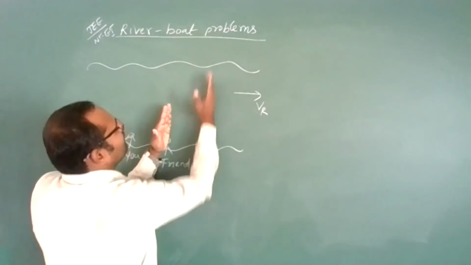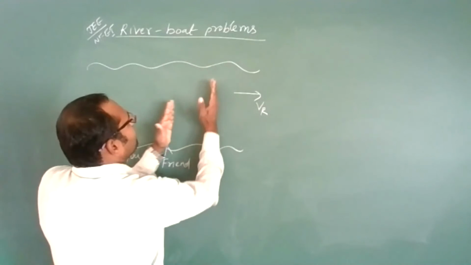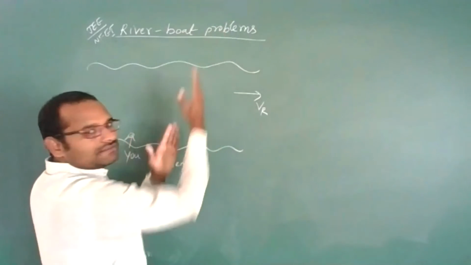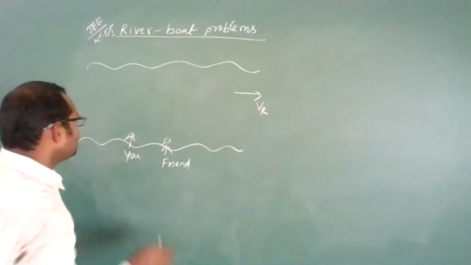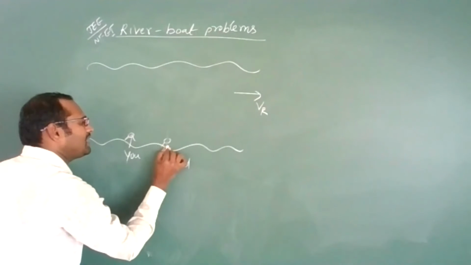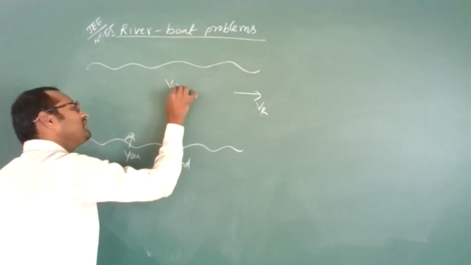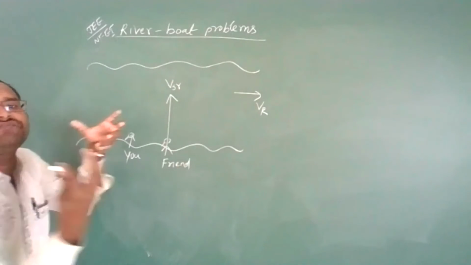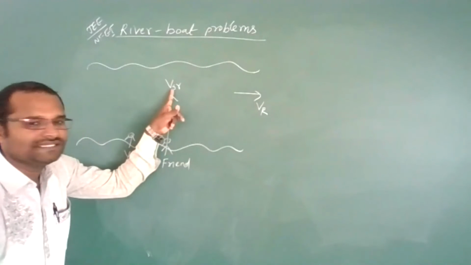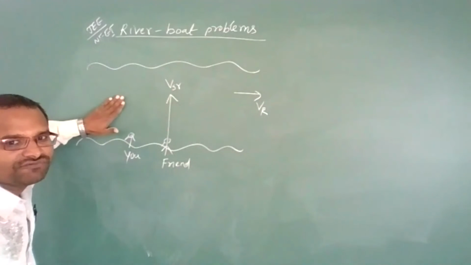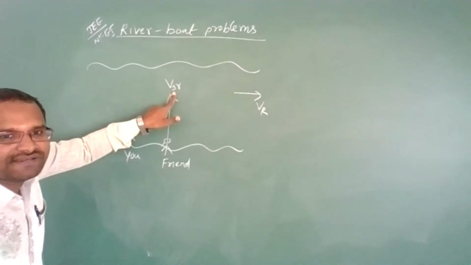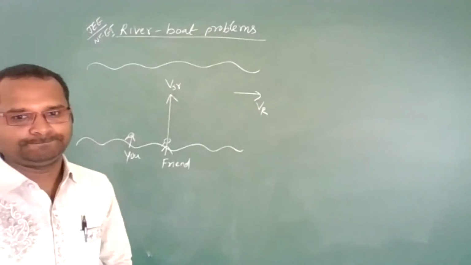This person is swimming forward, so he appears to be straight like this. This velocity, whatever he is swimming, is the velocity of swimmer with respect to river. From which frame are we observing this velocity? From the river frame. So this is called the velocity of swimmer with respect to river.